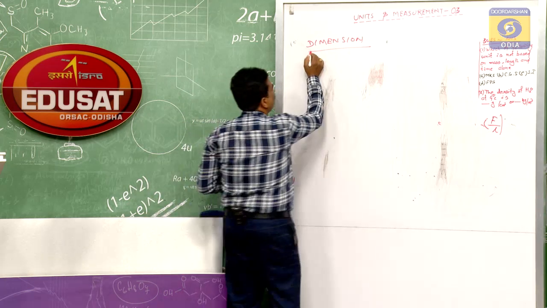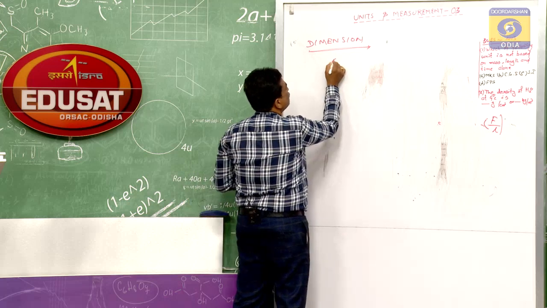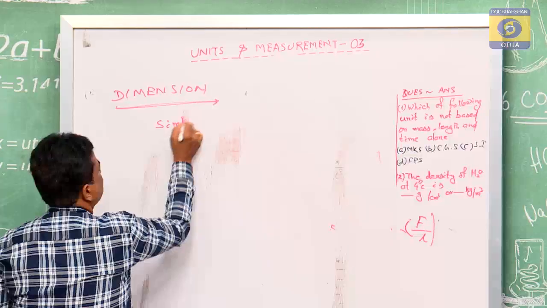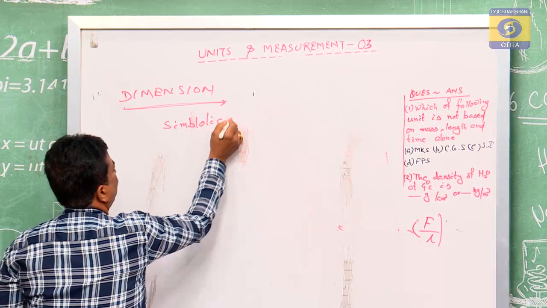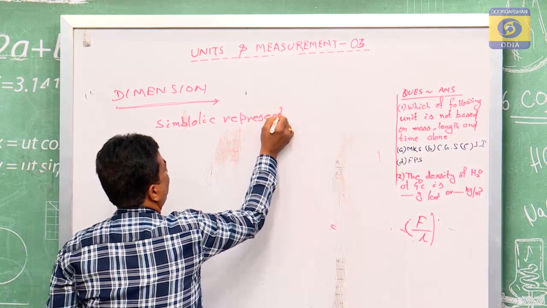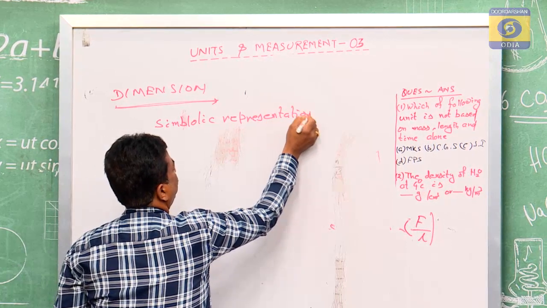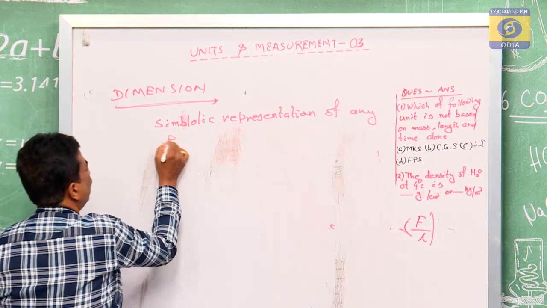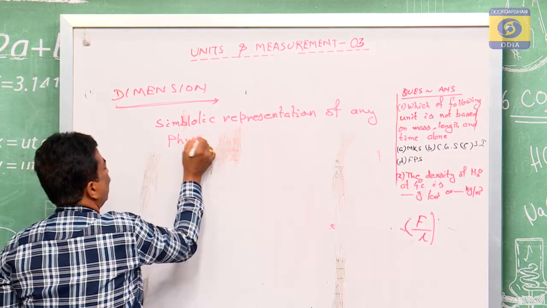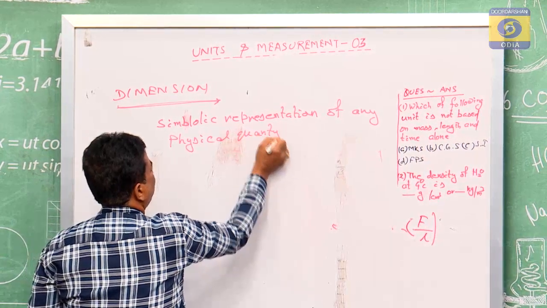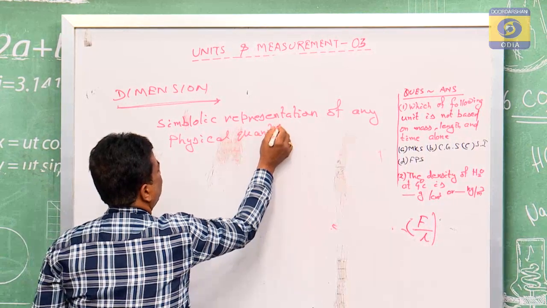So, this dimension means the symbolic representation of any physical quantity.